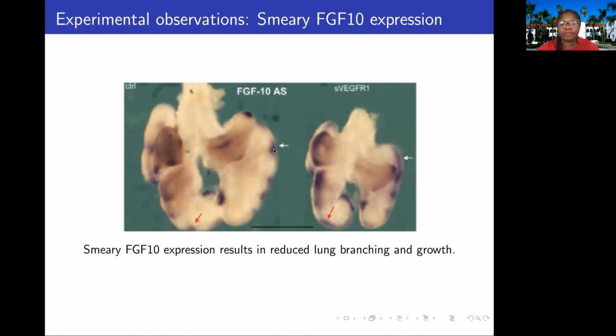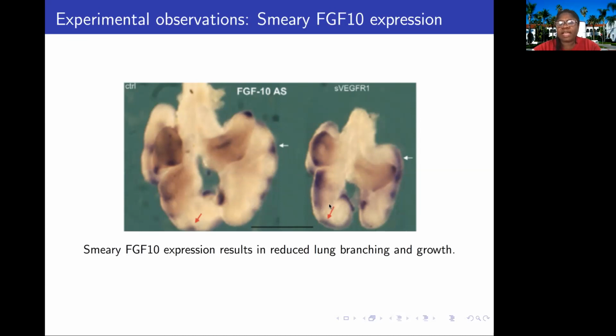Now, when we see here in control, it's a larger size, and then on the right, we have a smaller lung. They're all at the same time point, in other words, at the same age. But what we find is that the lung on the left is bigger and has more branching, while the one on the right is smaller and has less branching.